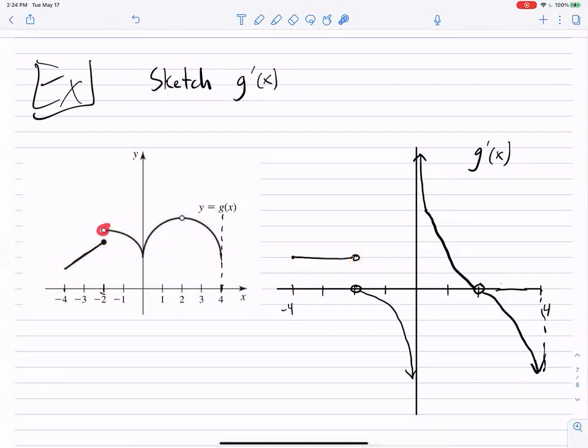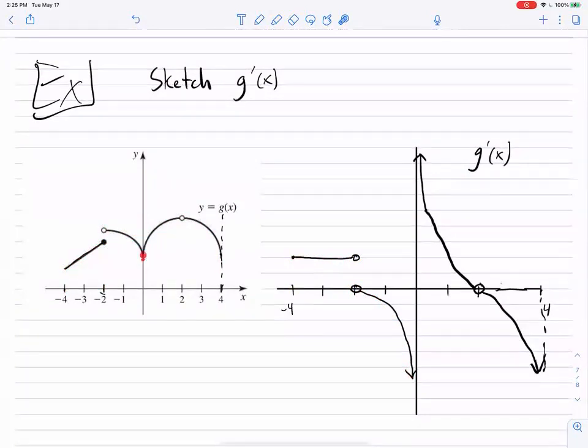But then really, really close on the other side, as we approach it from the left, it seems like it's getting really, really close to 0. And so we'd say it's 0, and then it gets really, really big in the negative direction, because the slopes are becoming closer and closer to straight up and down, which is technically infinity slope, in the negative direction.